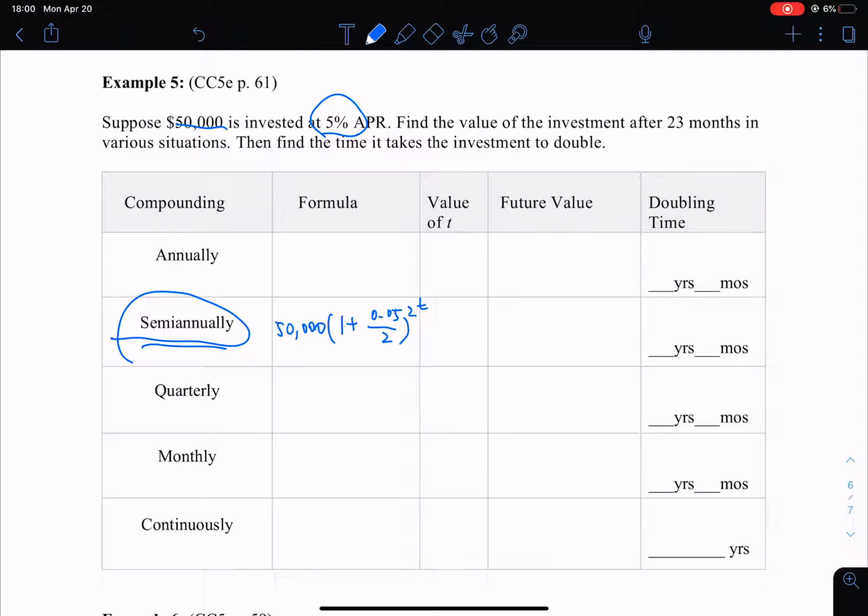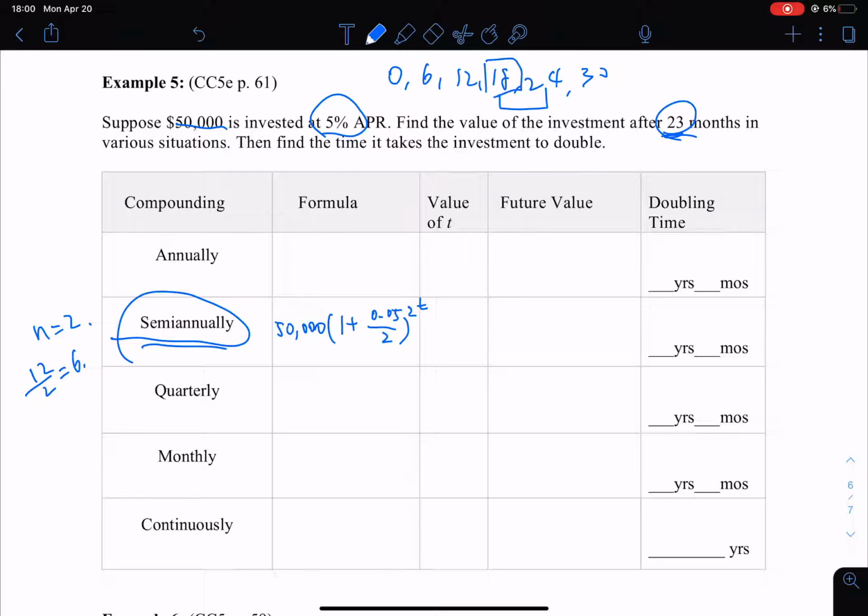But this question is asking about after 23 months. Semi-annually means n equals 2, so 12 divided by 2 is 6. You can only get your money every 6 months: 0, 6, 12, 18, 24, and 30. So 23 is between 18 and 24. Because this is your investment, you have to choose the previous one.